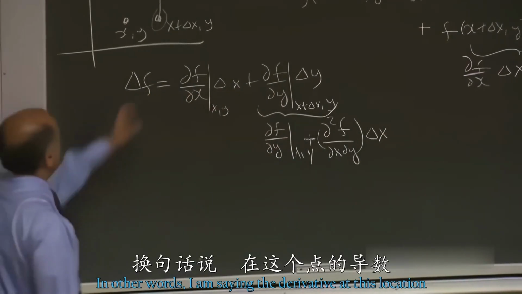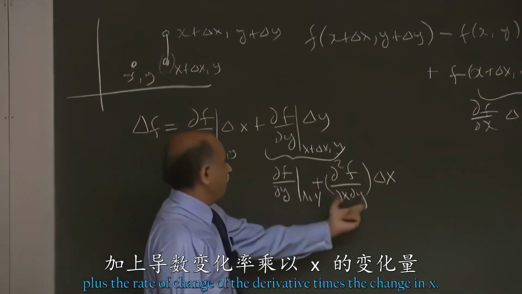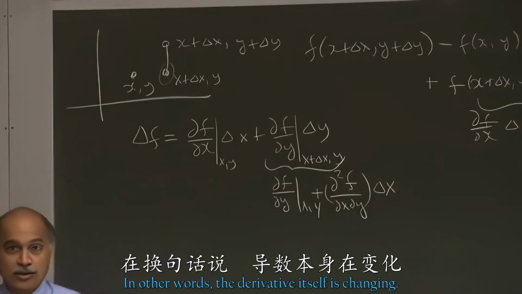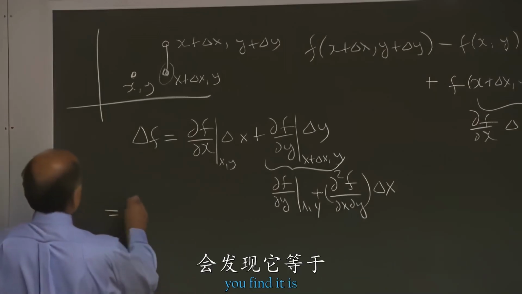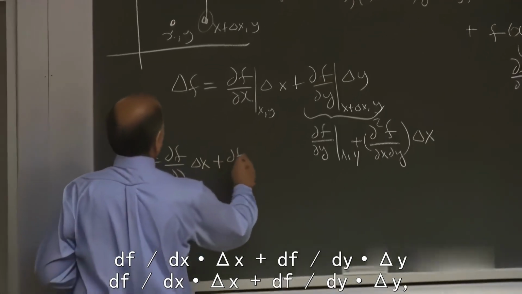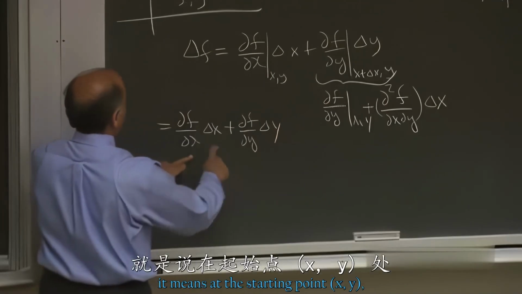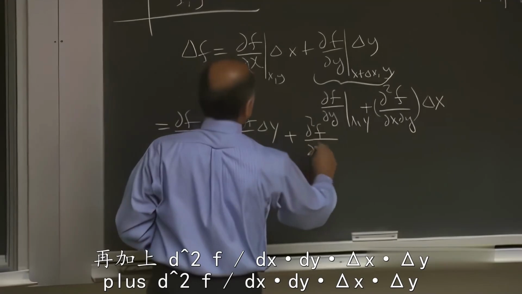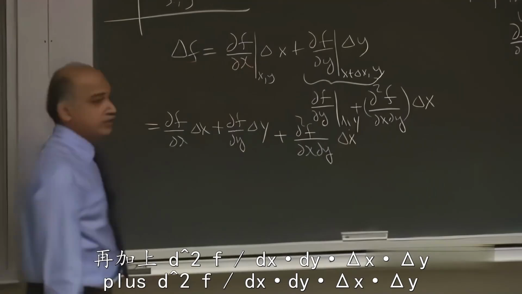In other words, I'm saying the derivative at this location is the derivative at that location plus the rate of change of the derivative times the change in x. In other words, the derivative itself is changing. So if you put that together, you find it is df dx delta x plus df dy delta y, where if I don't put any bars or anything, it means at the starting point xy, plus d2f dx dy delta x, delta y.